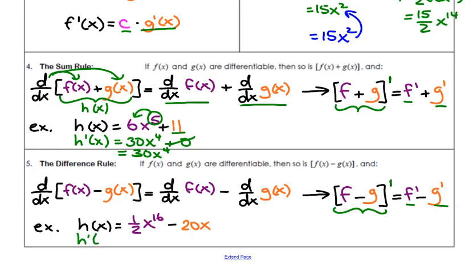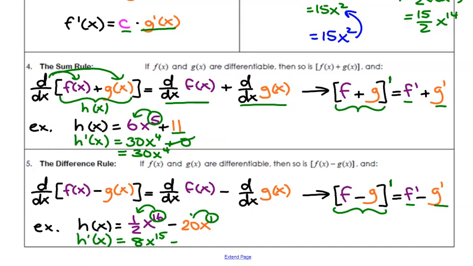If I want to do h prime at x, I would do the power rule, and I would multiply the constant by my exponent. That's just going to give me 8 x to the power of 1 less than the 16, that's 15. Okay, so that's done. The purple derivative is right there. Now we're going to take the derivative of the orange. Okay, so this one has an exponent 1.